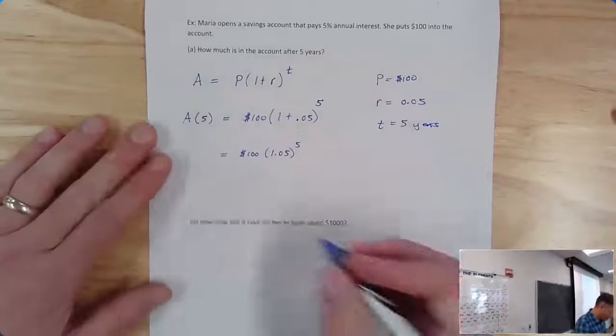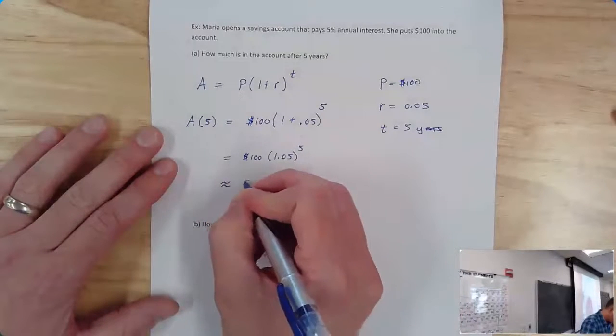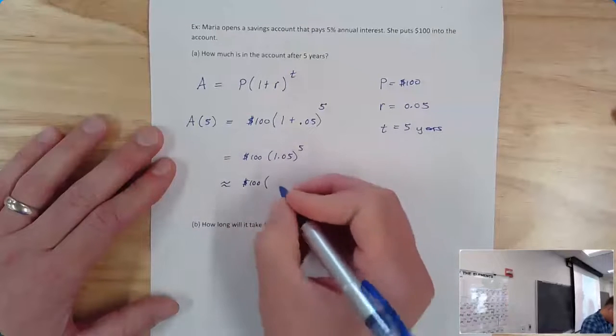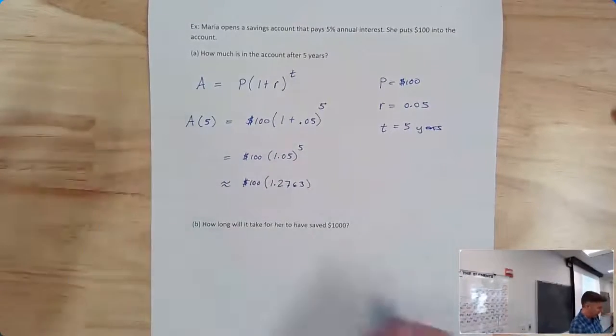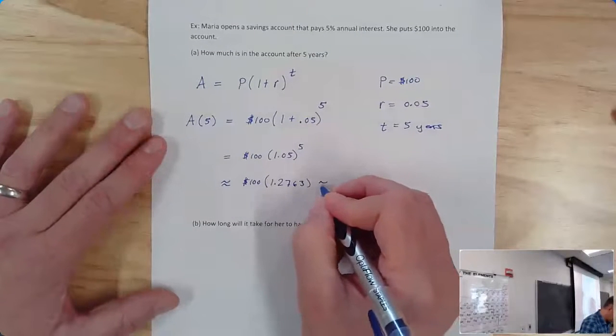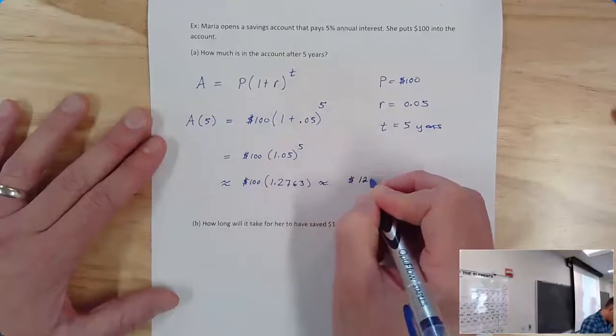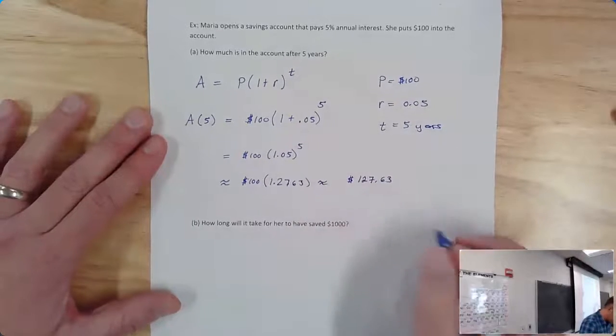1.05 to the 5th is approximately 1.2763. And then if we multiply that by 100, we're going to get approximately $127.63.